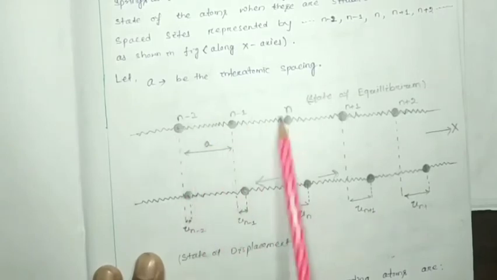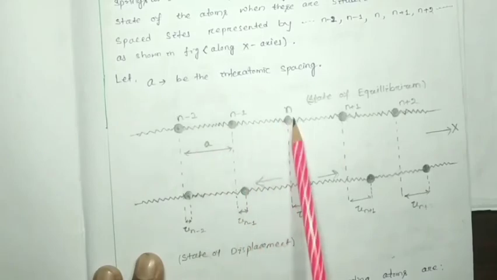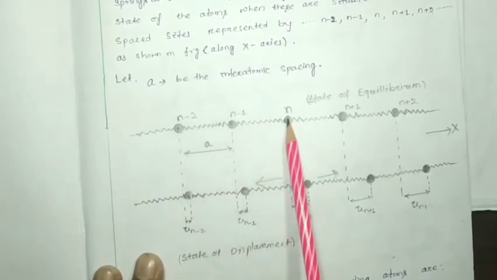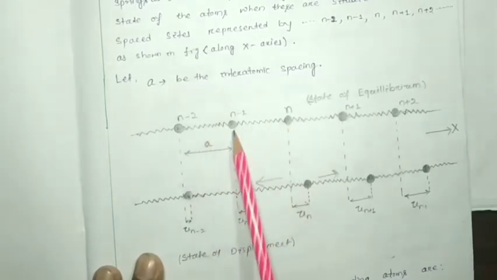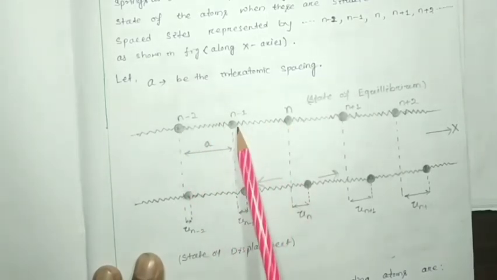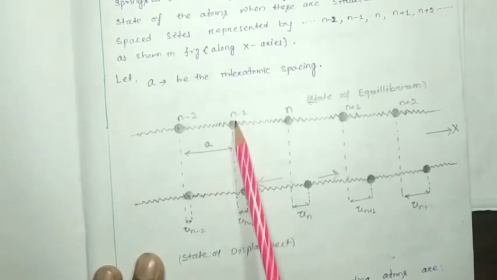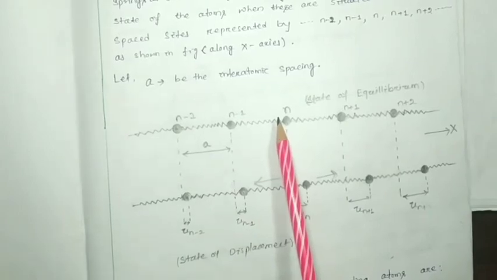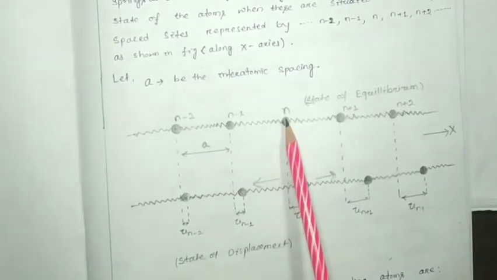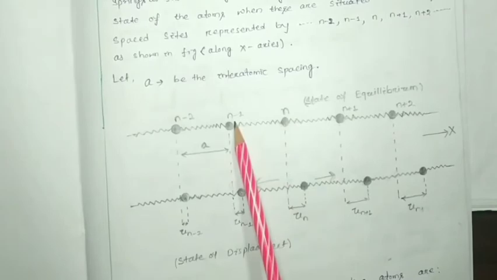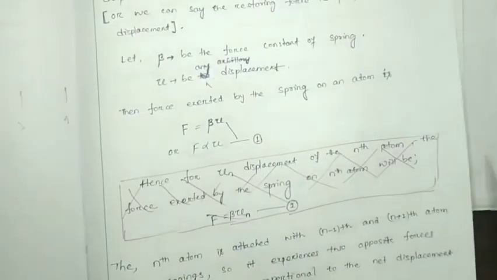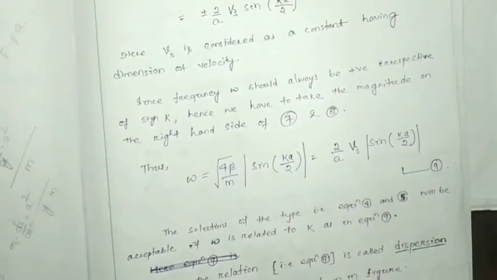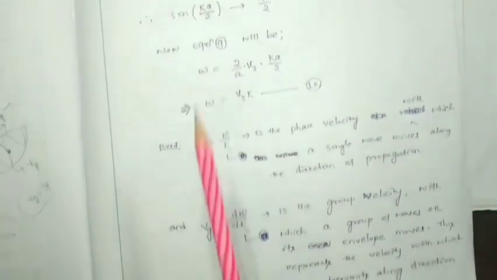So if we get two frequency vibrations, that means two simple harmonic motions with different frequencies. You can also consider this one as an atom having a different frequency. So if we consider these three atoms having different frequencies, so different simple harmonic motions, and they are superimposed with each other, the scenario will be phase velocity and group velocity that we can consider. And here we are considering low frequency.